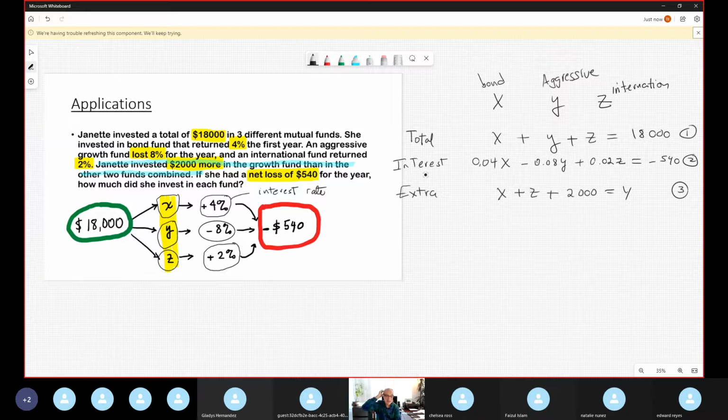Y is the account where Janet lost money. It's called the aggressive growth fund.